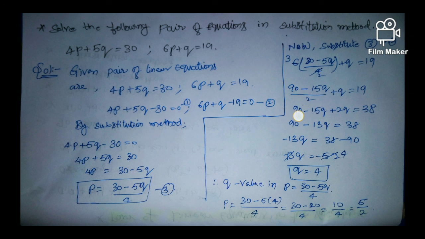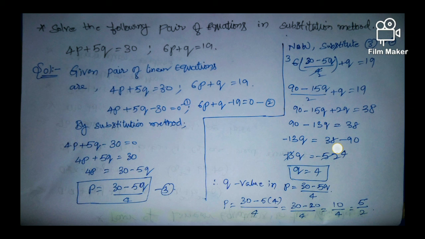So (90 - 15q)/2 + q = 19. Taking 2 as the LCM, 90 - 15q + 2q = 38, transposing 2 to the right side. Next step, -15q + 2q is -13q, so 90 - 13q = 38.